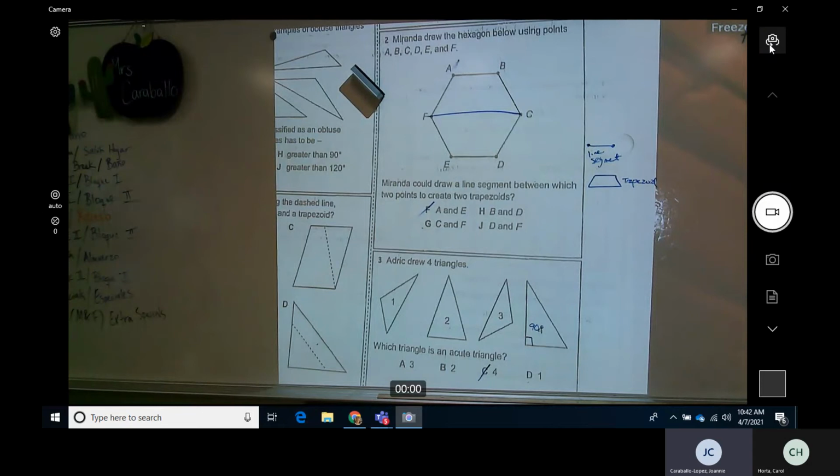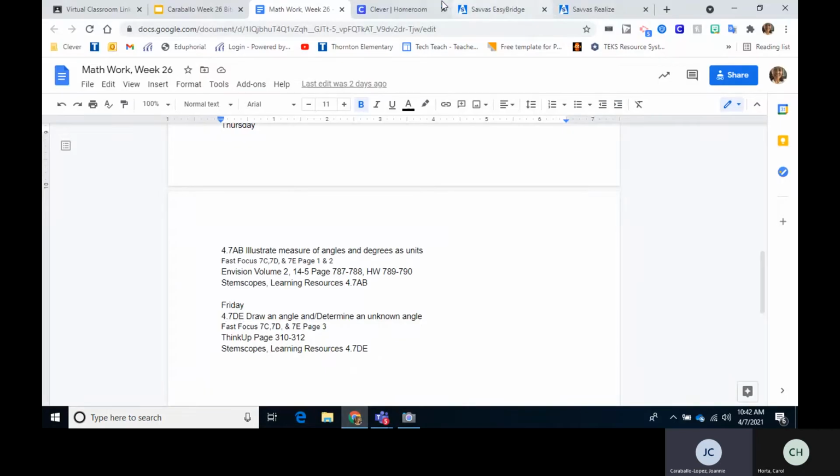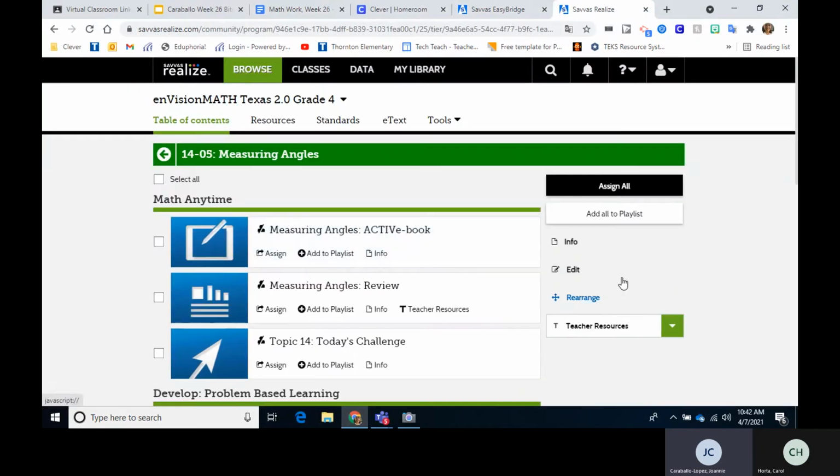Put your stuff inside your folder. Emily's going to go around picking them up. And we are going to go ahead and work on, sister, don't do that because you didn't buy that. So don't do that. Okay. So we're going to go ahead and work on page 785 of the Think Up book.